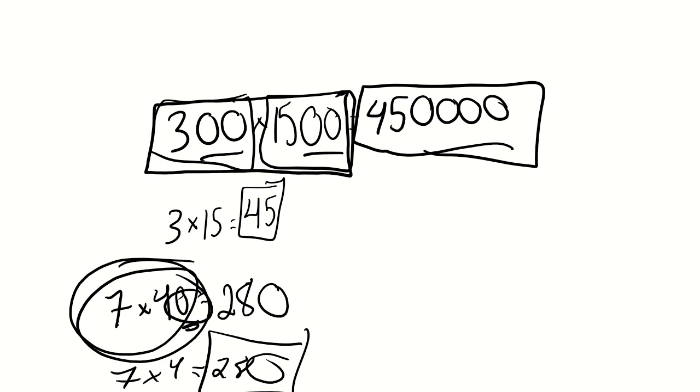So I kind of said this in the description below, but this is really important, guys. If you want to take one thing away from your multiplication unit and bring it into life and have it with you forever and ever, this will be it. Multiplying with zeros at the end of numbers and the multiples of tens, it will help you. I promise you that. It is so useful to understand this.